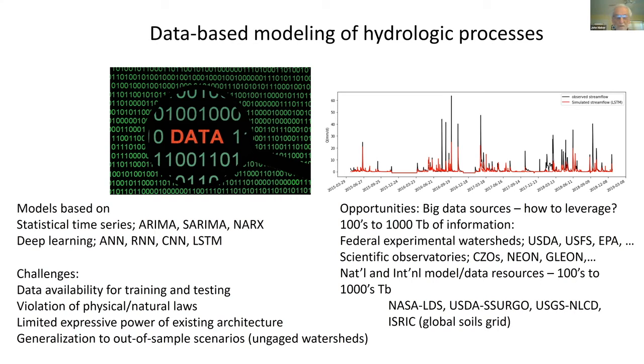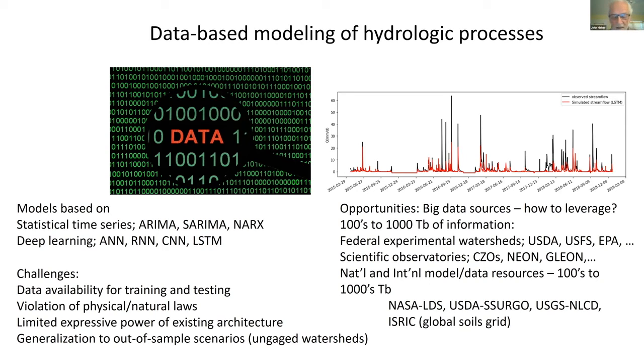An example simulation of the same watershed that was shown in the previous slide, simulation or emulation of the streamflow compared to the observed data, is shown here based on an LSTM machine learning model. Some challenges for machine learning models are, for instance, getting adequate data for a particular situation to be able to train and test the model. The model may violate principles.